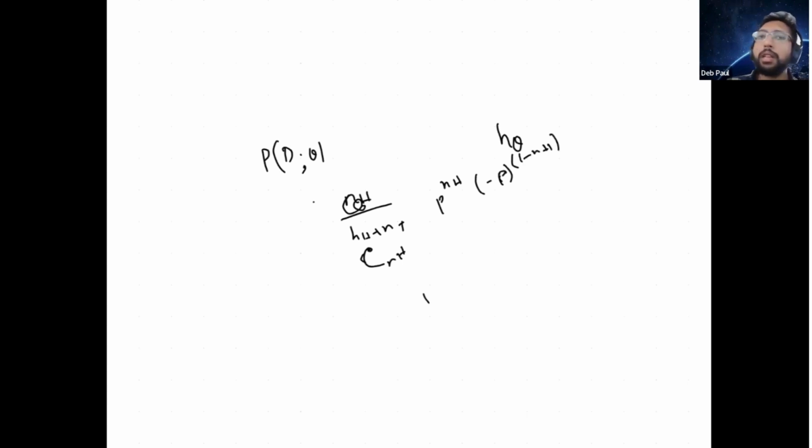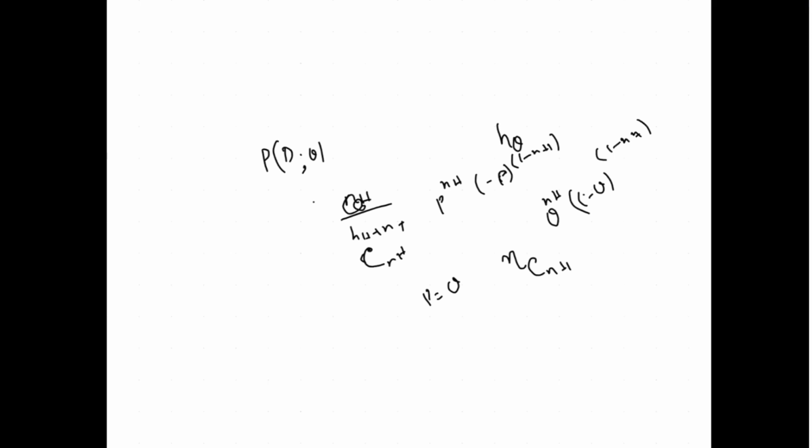So you want to estimate theta; theta is my variable here. So total number of tosses, choose total number of heads, theta to the power number of heads, and 1 minus theta to the power 1 minus number of heads. Can someone tell me what distribution this is from this PDF? What is the distribution? Binomial.